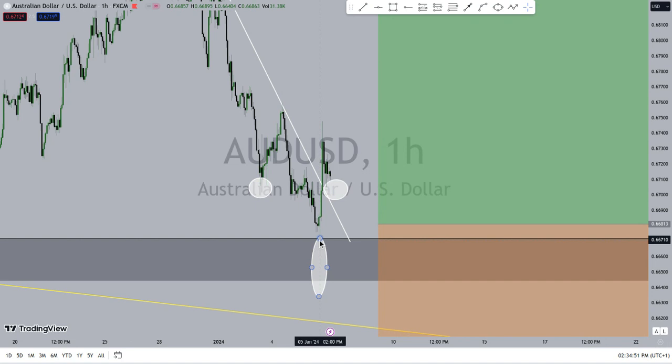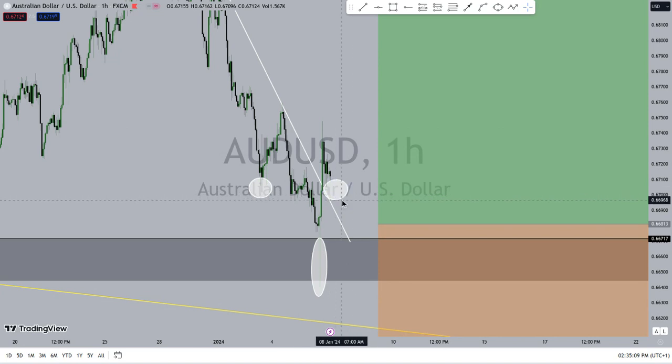I monitored the market last week due to the first NFP of the year, and I saw a massive rejection on AED right about this region where I marked out. You can see price came down here, retested it, and then massively rejected it.